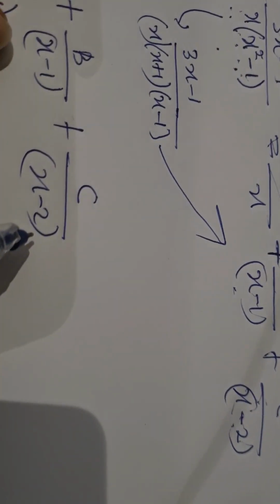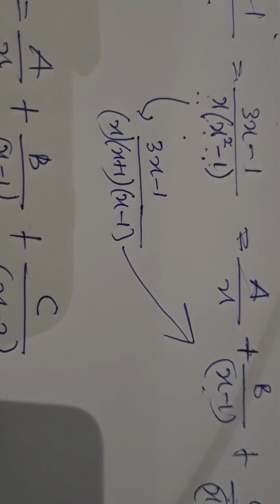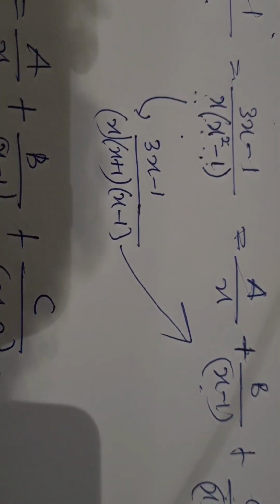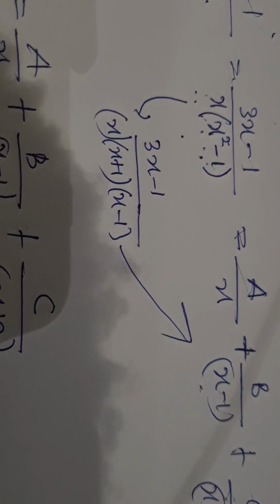Oh, sorry, there's a mistake here. So this is x minus 1 and x plus 1. Oh, sorry, this is plus 1. I'm very sorry. This is plus 1. So this is x plus 1.